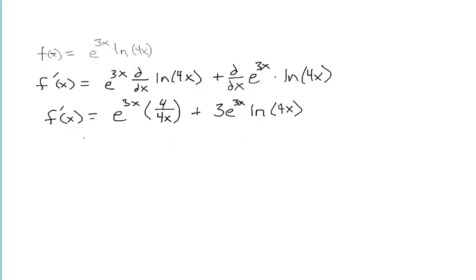And there's a little simplification I can do on this one. So f prime of x is equal to e to the 3x divided by x plus 3e to the 3x ln of 4x. And that's how we would use the product rule along with the exponential rule and the ln rule at the same time.